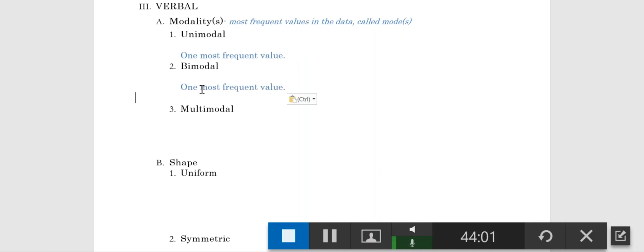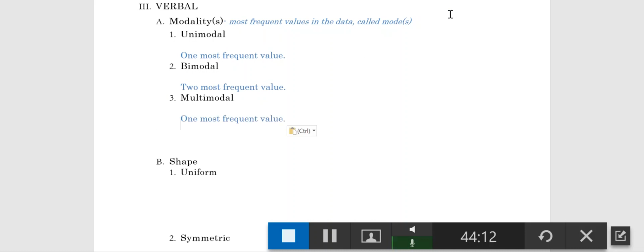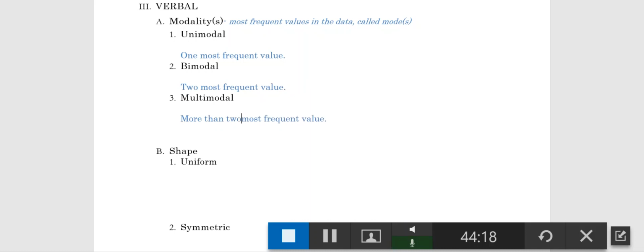Bi, we reserve for 2, because we've seen this before with other data like bivariate. And then multimodal is anything more than 2. And these need to be plural. Good job, teacher. You don't teach English, though, but I should still represent good practices.